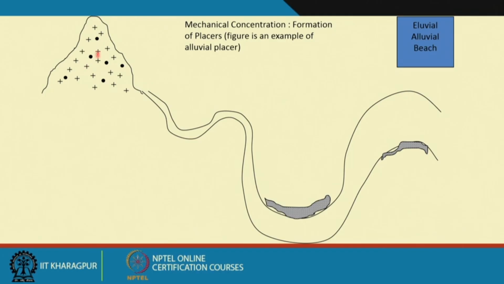Let us say it is a granite, and the black circles, a little exaggerated in size, represent some mineral. It could be cassiterite, a tin oxide, or uraninite, UO2, or a free metal like gold, present in this rock mass, and the rest of the constituents are the normal silicates like quartz, feldspar, mica, etc.